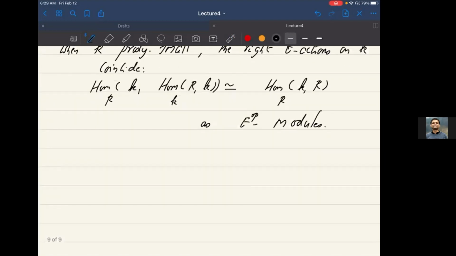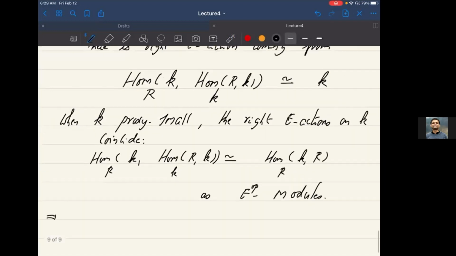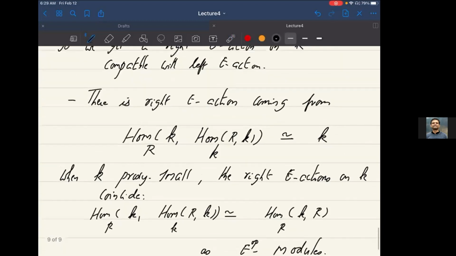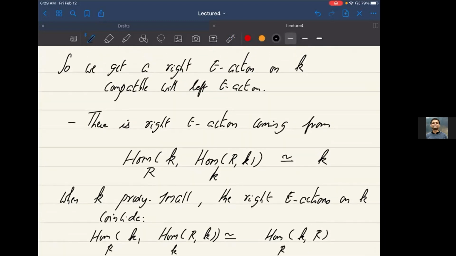But then this implies that, so it's alluding to one of the crucial points, which is to understand right E actions on K that are compatible with the left actions.